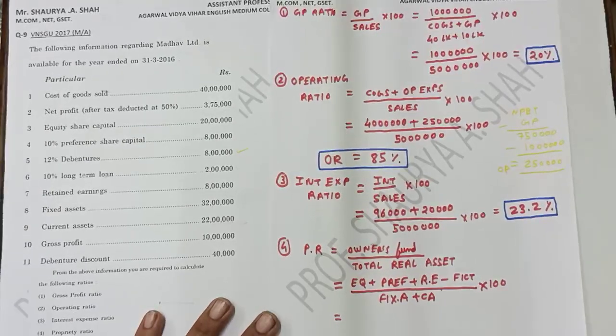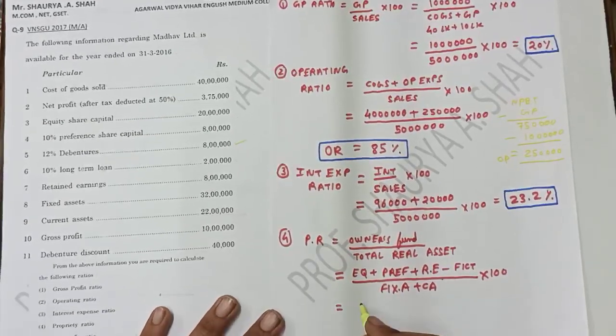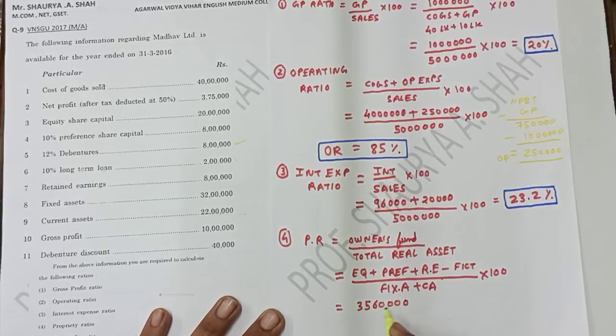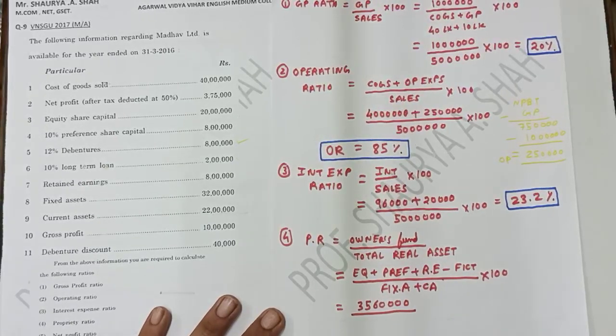35 lakh 60,000 rupees. So I'll write down in the numerator 35 lakh 60,000 rupees. Denominator, fixed assets are 32 lakh, current assets are 22 lakh, right? So my total comes to 54 lakh, into 100, right?